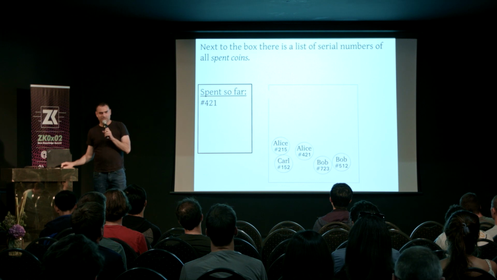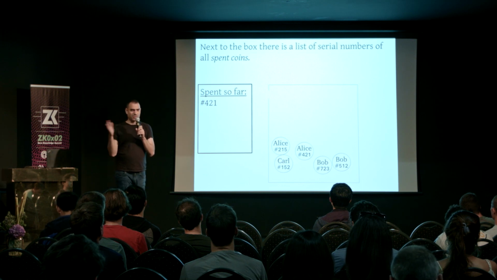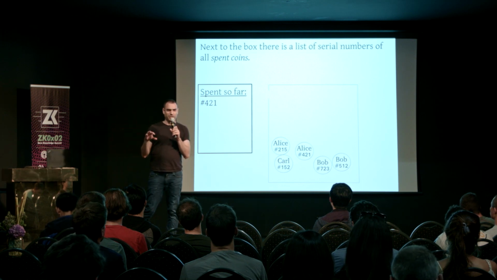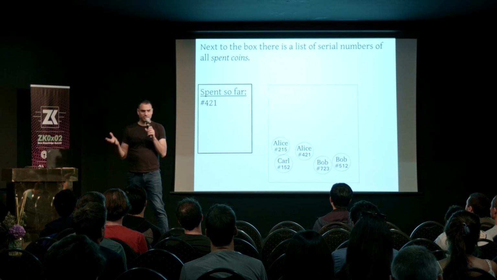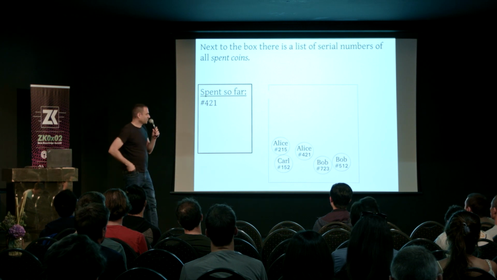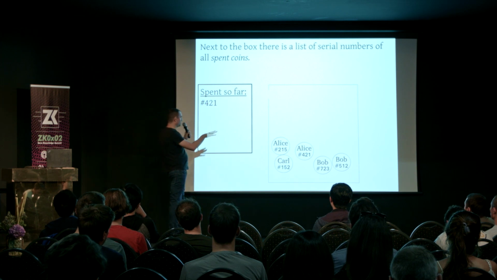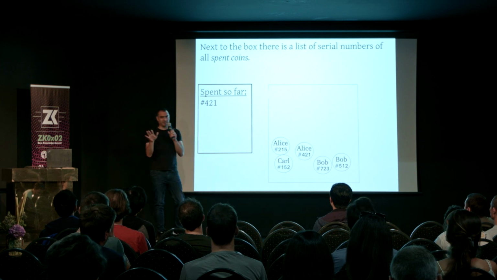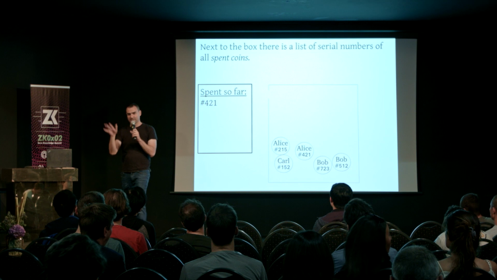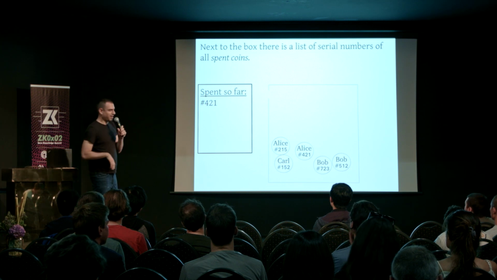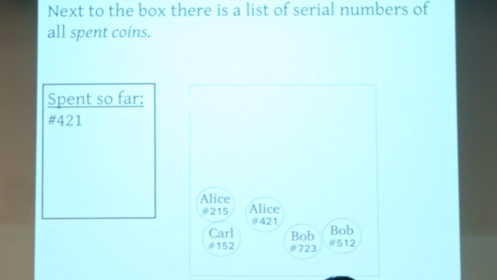All right, so we need some way to distinguish between spent coins and unspent coins. So we're going to add next to this box a list. Everybody can see the list. And what does this list contain? It contains the serial numbers of all coins that have been spent up to this point.